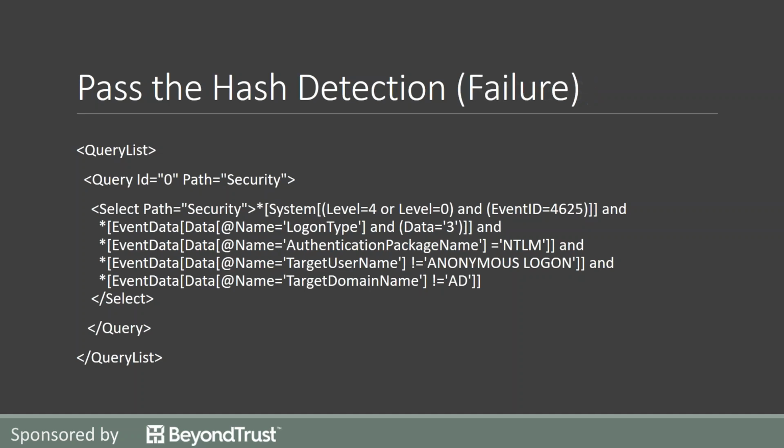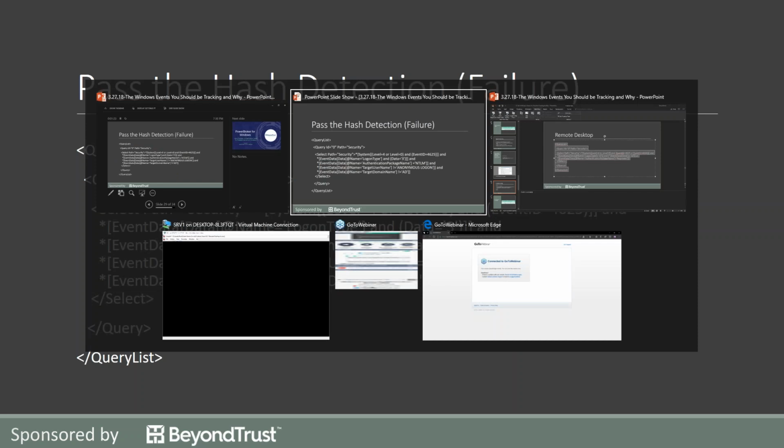And it looks pretty much the same for failure, apart from the event ID changes to 4625. If I go back, you can see success is 4624 and for failure it's 4625, and that's the only thing that changes.